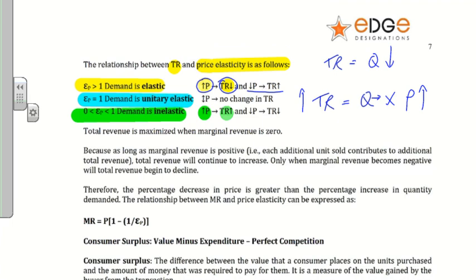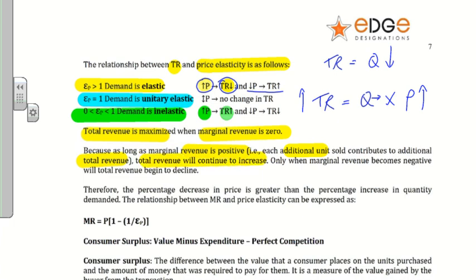Total revenue is maximized when marginal revenue is 0. As long as marginal revenue is positive, in other words, every time I sell an additional unit, that adds value to my total revenue, total revenue will continue to increase.